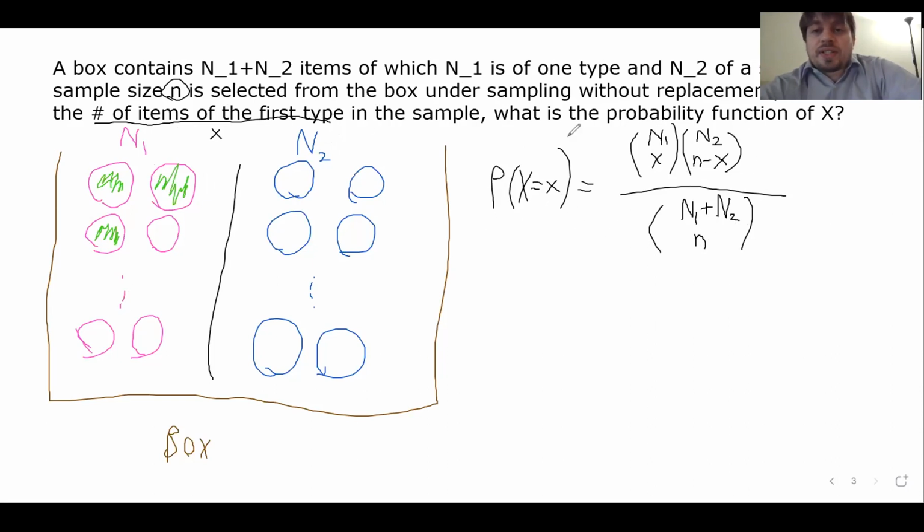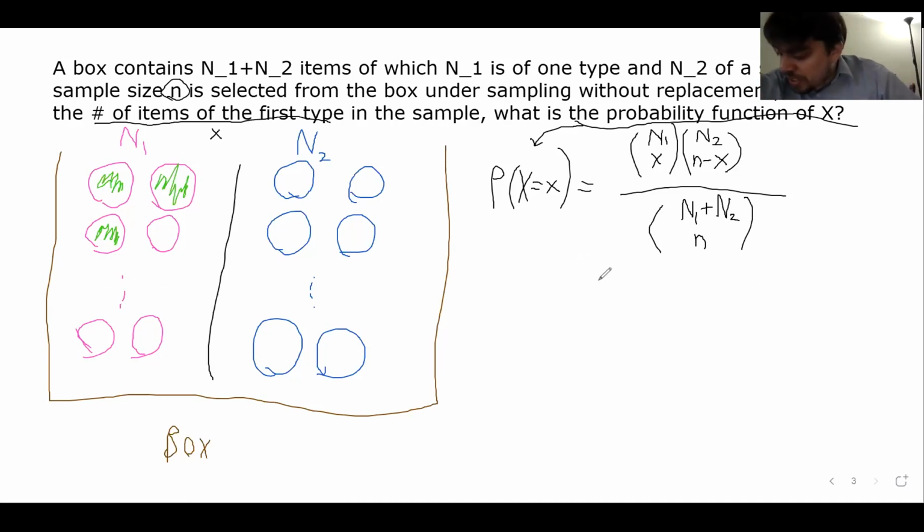Okay, so this is the probability function of x. The probability function of x, the thing we want to find, is this. That's called the hypergeometric distribution.